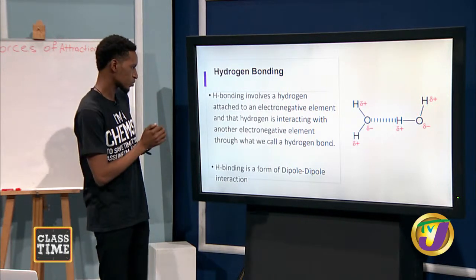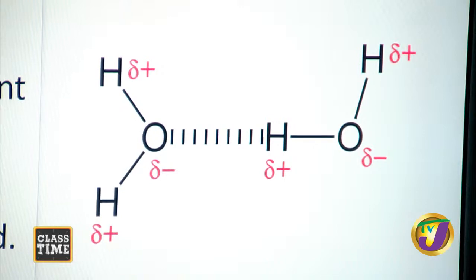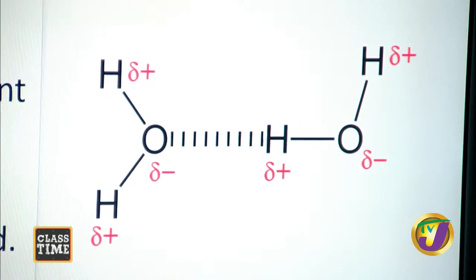Now, hydrogen bonding involves a hydrogen attached to an electronegative element, and that hydrogen is interacting with another electronegative element through what we call a hydrogen bond. If we look at the water molecule, we know that water is H2O, and that oxygen is a lot more electronegative than hydrogen is. Therefore, in that OH bond, the electrons are a lot closer to the oxygen than to the hydrogen.